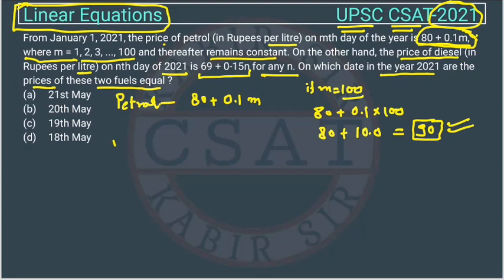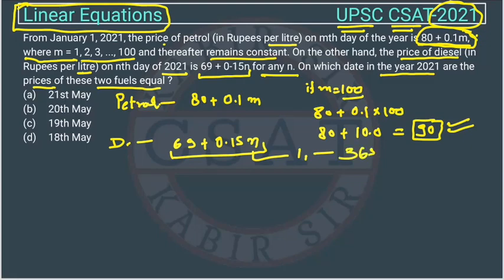And for the diesel, the equation is 69 plus 0.15 n. So n could be anything, from 1 to the whole year, 365.